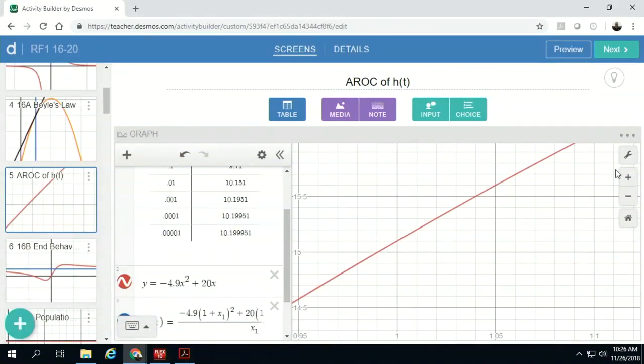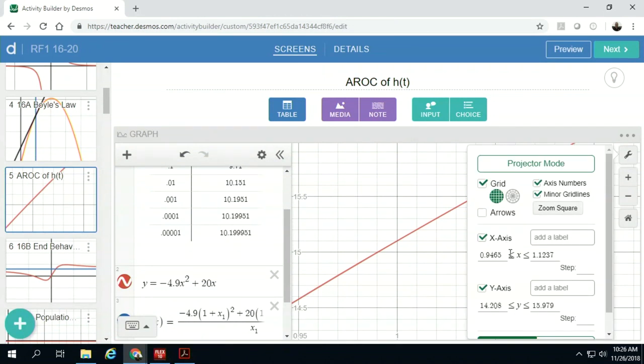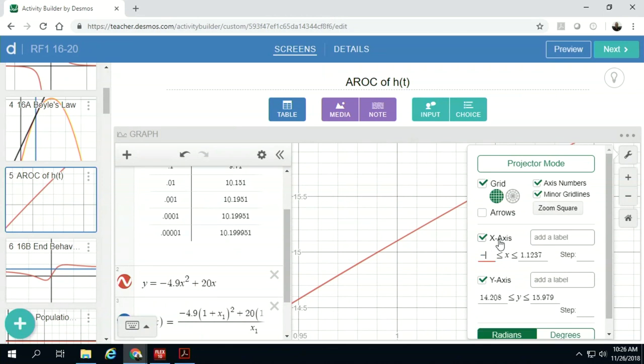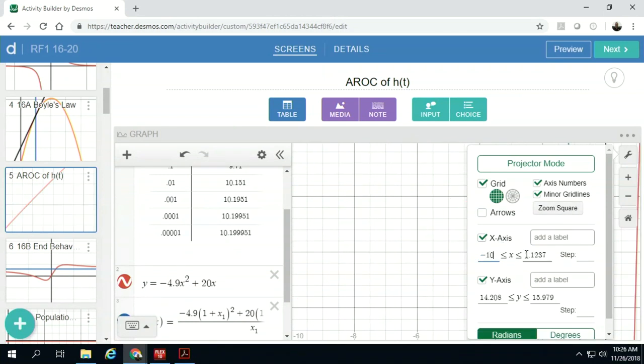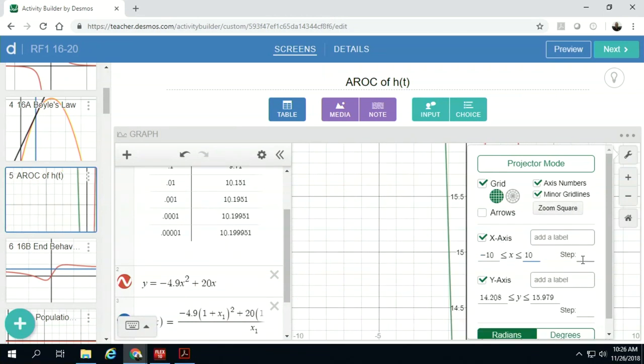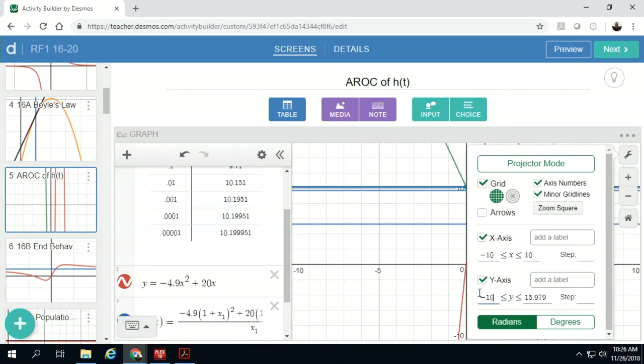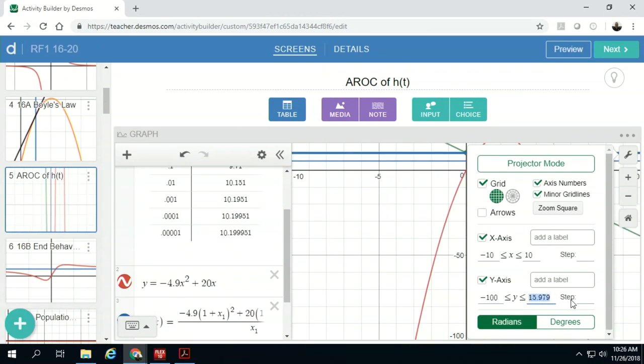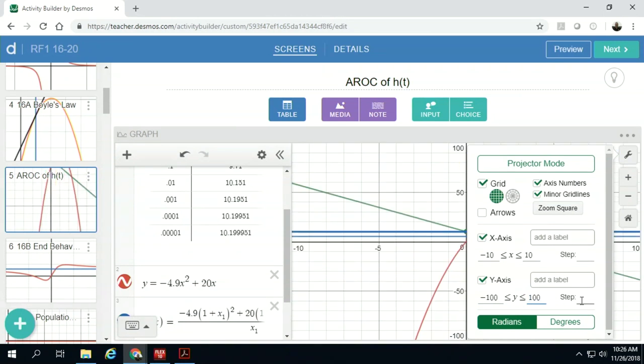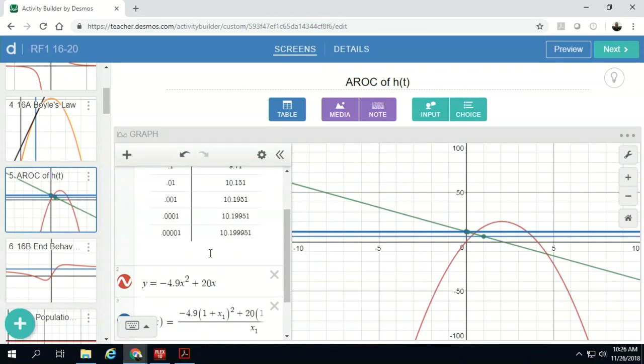So if we look back at our graph here, let's go from negative 10 to positive 10. And let's do y from negative 100 to positive 100, just so that we can see the whole thing.